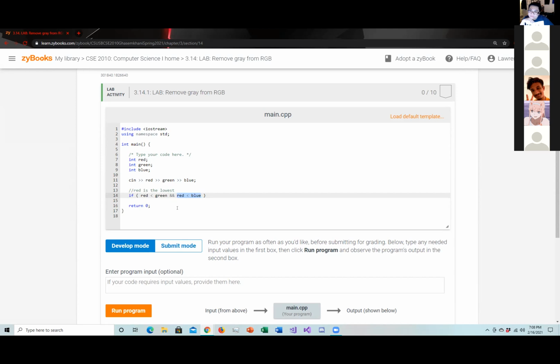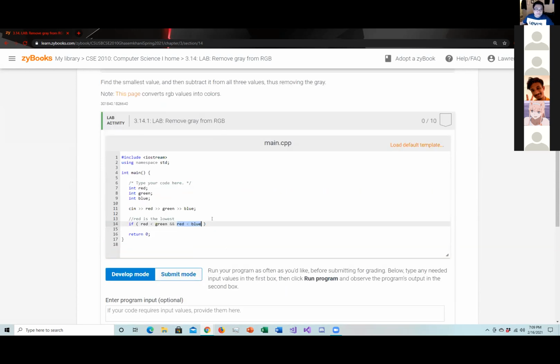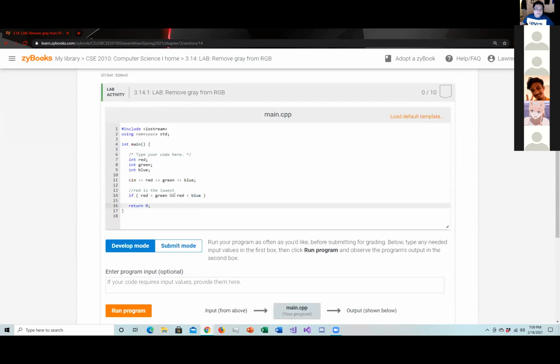Like the different conditions, like green is more than blue or green is more than red, to execute if this branch doesn't execute? Yes, we do. We need to make those eventually. So if red is the lowest, that means if red is less than green and red is less than blue, the lines of code inside of these squiggly brackets would execute, right?